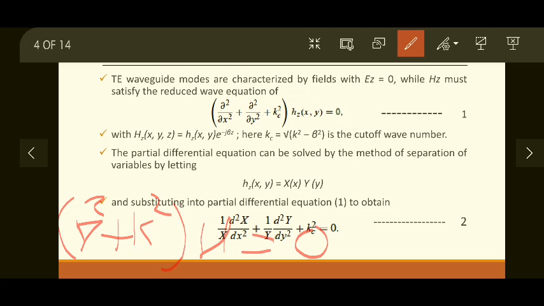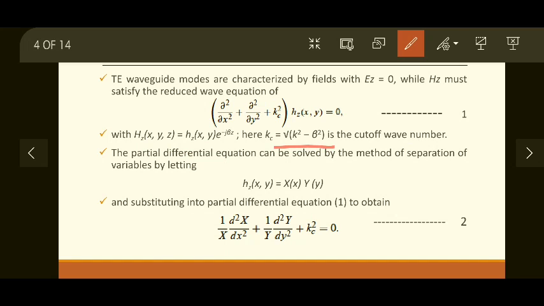Kc is a wave number, that is the cutoff wave number. What is cutoff wave number? That we will see later on. So combining the z component, that is the second partial derivative with respect to z, and k square, which is generally a wave number, these are combined to produce kc square. So that's why it is defined as kc equal to square root of k square minus beta square.